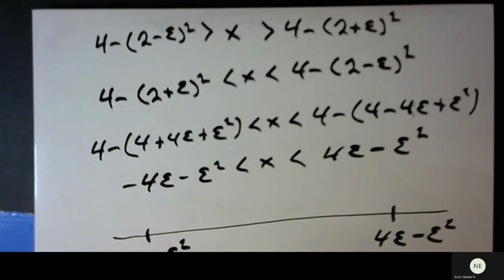So we have x between these two. And again, I'm wondering if I'm doing this the hard way, if I didn't make a misturn somewhere along the way. There's a better way of doing that.